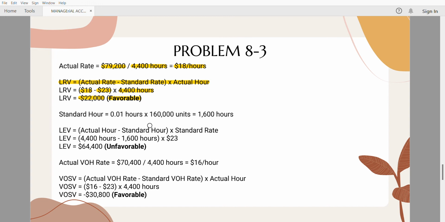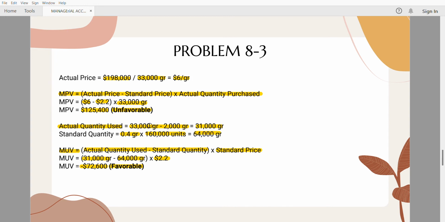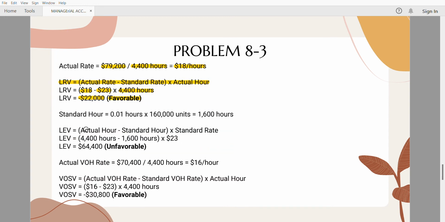Continue to LEV. So basically LEV right here is actual hour minus standard hour times standard rate. The standard rate is found, which is $23. The actual hour is also found, which is 4,400 hours.